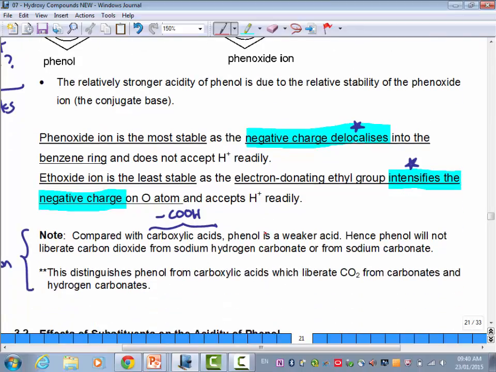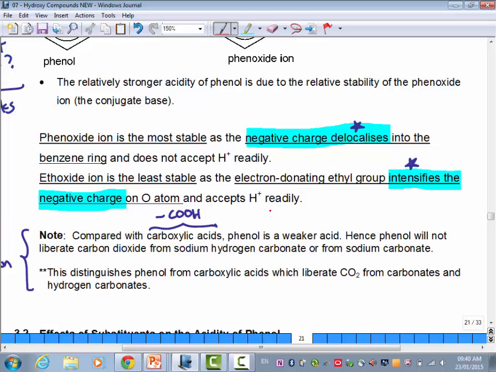And of course, we end off at this part. Prior to the lecture on phenol, the only acidic compound you think of is carboxylic acid, COOH. But after learning phenol, you have to know that phenol is actually acidic as well. So in your structural elucidation question, if the question tells you this unknown is acidic, you have to consider phenol.